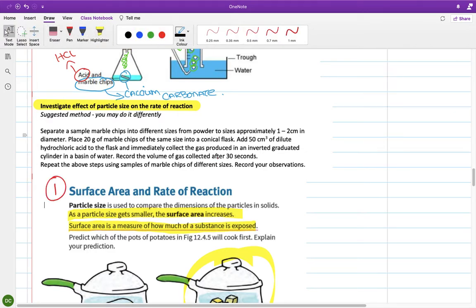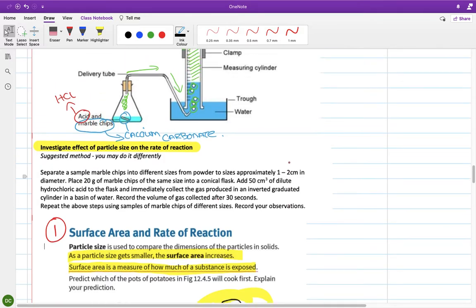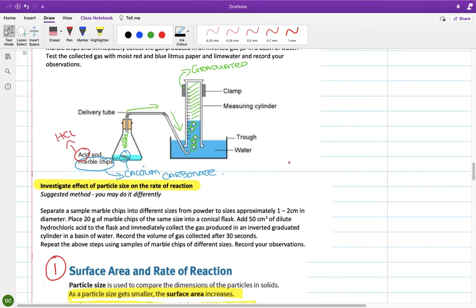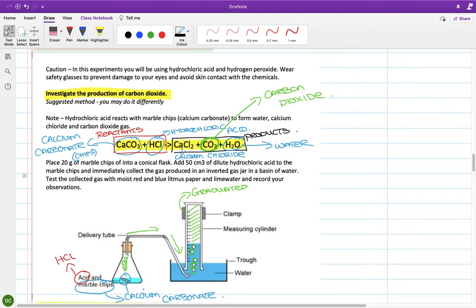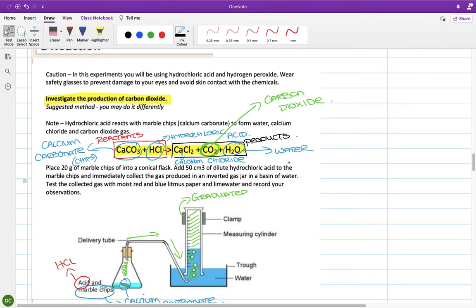The first factor that affects the rate of reaction is surface area. The smaller the pieces you use, the more surface area has been revealed, and as a result there is more area for the reaction to take place on, so the reaction happens quicker. Now we haven't obviously done the experiment to prove that yet. We will. The experiment we're using is the production of carbon dioxide experiment, where you mix calcium carbonate with hydrochloric acid.